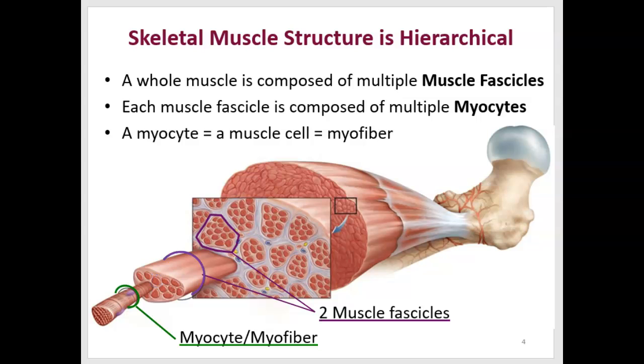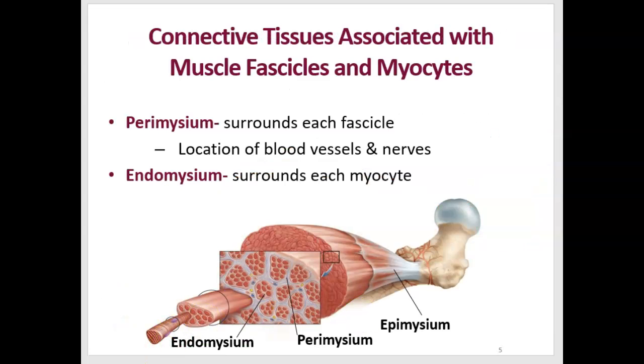So let's look at what those are called. The name of the connective tissue that surrounds each fascicle is perimysium. The name of the connective tissue that surrounds each individual myocyte is endomysium. It's the salmon-colored or pink.